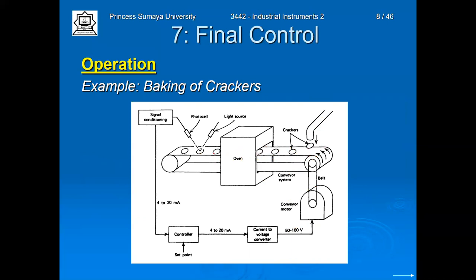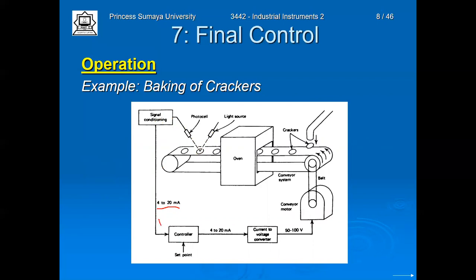Then after entering the oven, there is a sensor here, a light source with a photocell, to see if the cracker is baked well. And there is a signal conditioning here to convert the signal of the sensor, and it gives a current from 4 to 20 milliampere as a feedback signal to the controller.